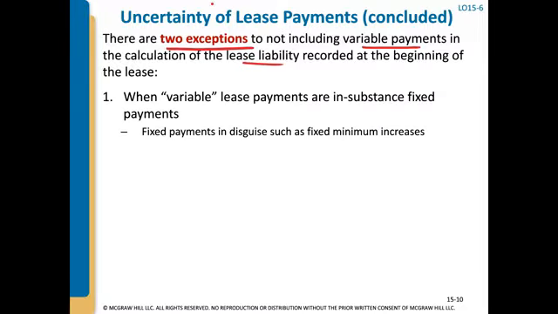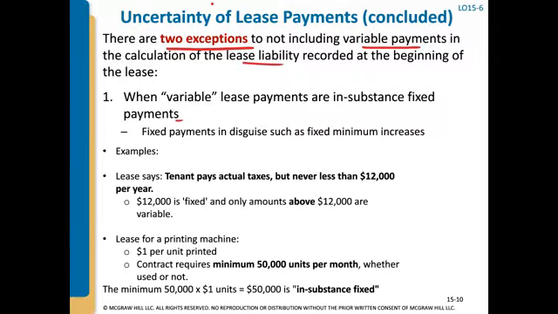The first one is when these, in quotes, variable lease payments are in substance fixed payments. They're really fixed payments in disguise, such as fixed minimum increases. It says they're variable, but really you know that you're going to know the amount.